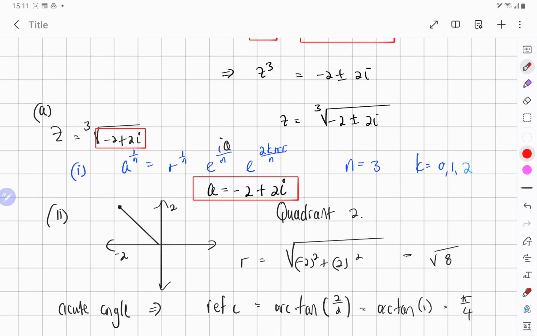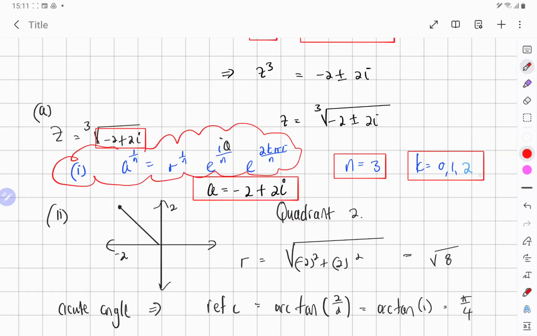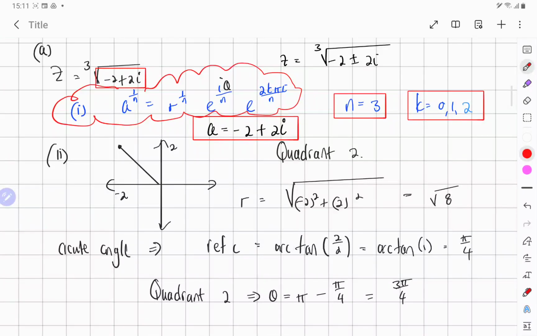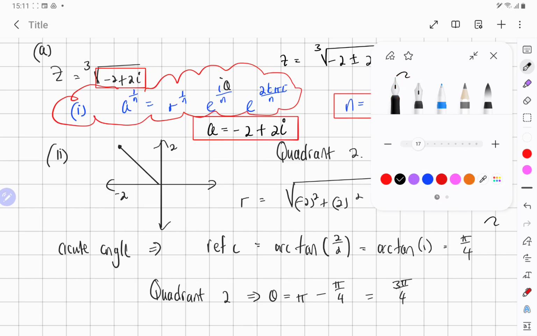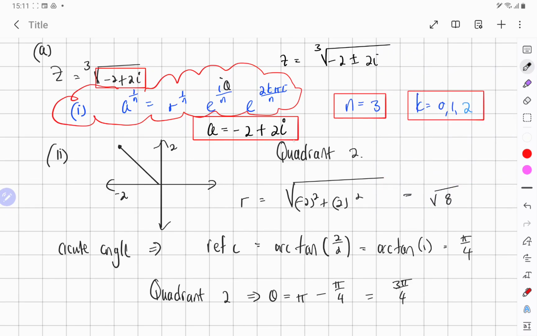We're doing roots of polynomials, hence we're going to use our very important formula, which you should be familiar with by now. We're doing cube roots, hence n is 3, and we have 3 cube roots, so k is from 0 to 2. Just recall, this part is actually just revision of the first video.